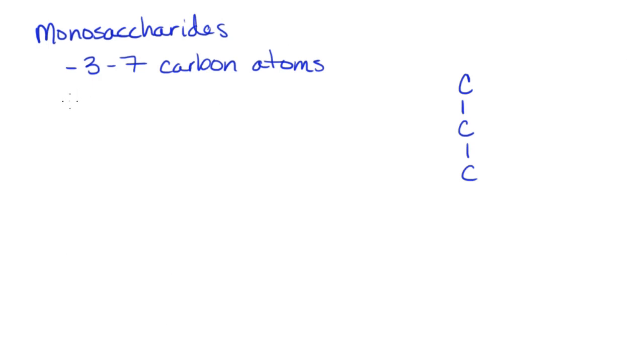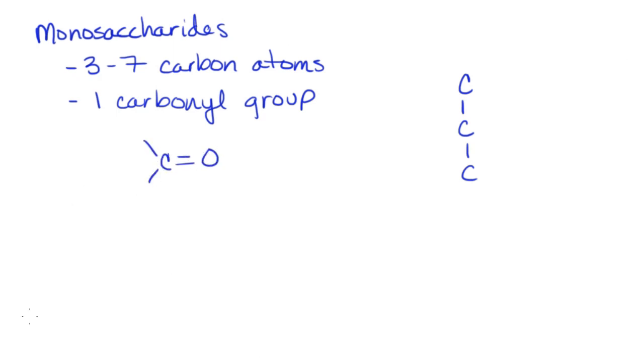The next thing that we're going to have is one carbonyl group. If you've learned your functional groups, and hopefully you have, you will know that the carbonyl group is just like this. So one of these carbons that we've already drawn is going to have a double bond to an oxygen atom.